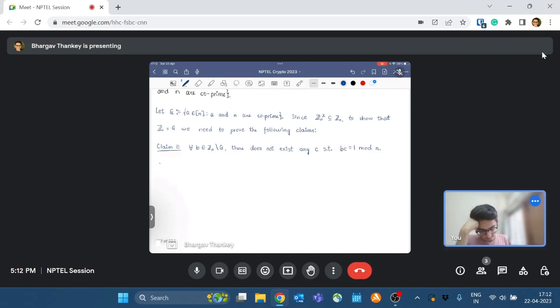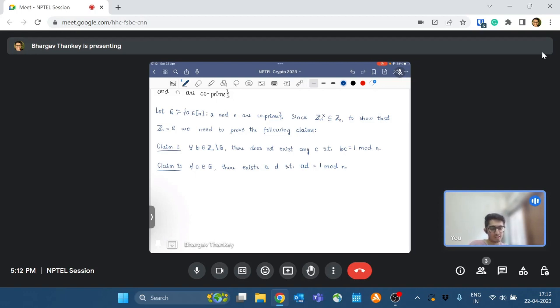And claim 2, no, rather, let me call it d, I'm already using b over here: for every a in G, there exists a multiplicative inverse mod n.